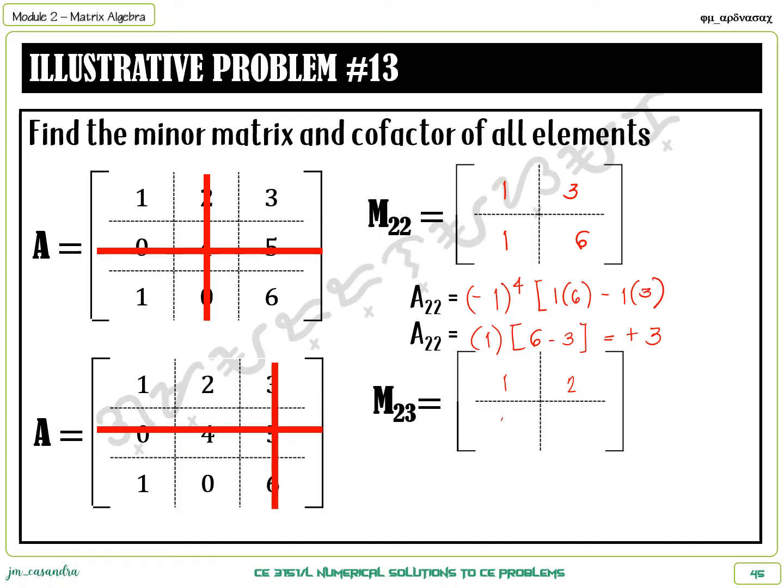So for A23, that is now equivalent to negative 1 raised to 5 multiplied to 1 times 0 minus 1 times 2. Or A23 is equivalent to negative 1 times negative 2, which is equivalent to 2.